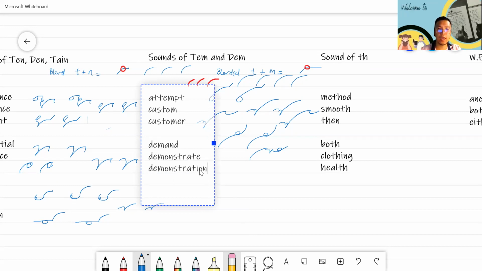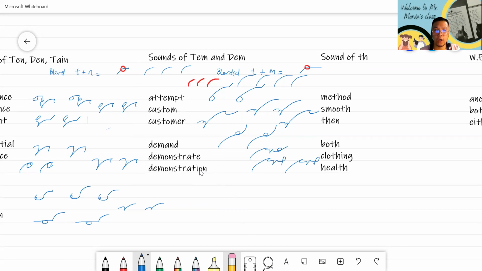If that's the case, if we're going to write it, it's just like this: dem, ONSTRA, word ending Sean for demonstration. Let me write it again: dem, ONSTRA, Sean for demonstration. Let me correct it: dem, ONSTRA, Sean for demonstration.